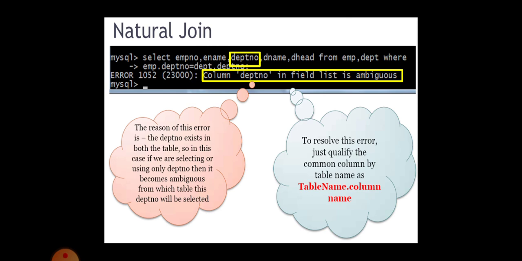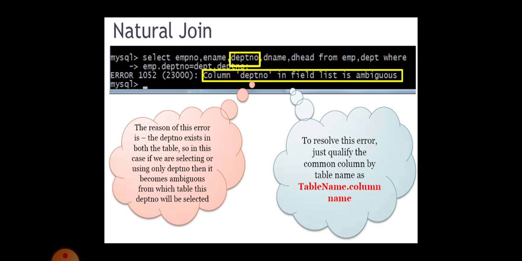The reason for this error is the department number exists in both of the tables, that is, DEPT NO is available in the employee table as well as in the department table. So, in this case, if we are selecting the department number, then it becomes ambiguous from which table this DEPT NO will be selected.